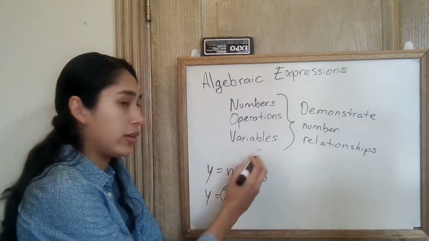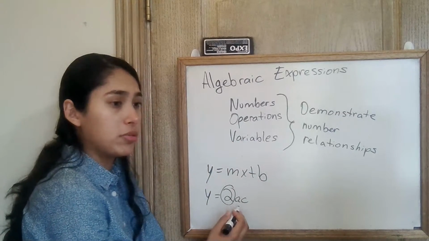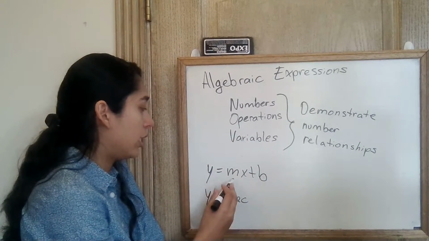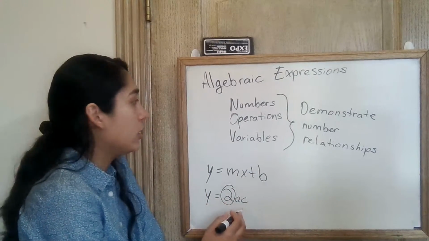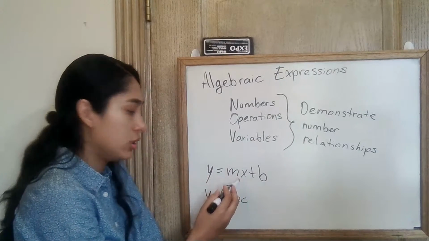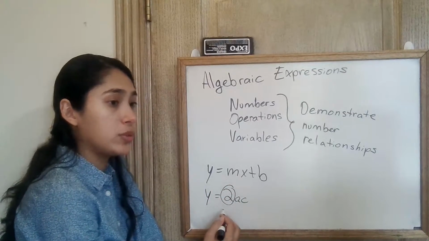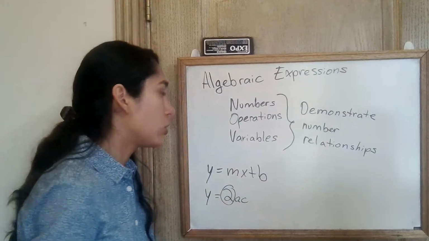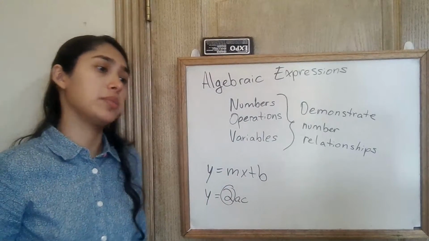We can use variables, which are our placeholders, the unknowns, or things that we would plug in, like our letters: y, mx, b, y, and a, and c. Our operations would be addition, subtraction, and multiplication. Here we have a lot of multiplication going on. With that, we're able to see the relationships between numbers.